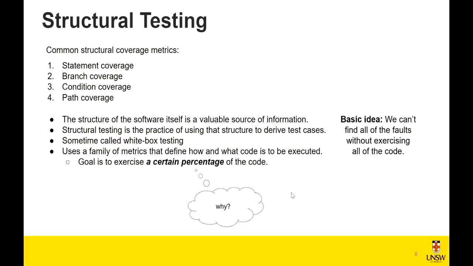But the basic idea is we can't find all the faults without exercising all the code. And the key here is how do we define all here? We have different metrics for measuring coverage, and that is what interests us most here.